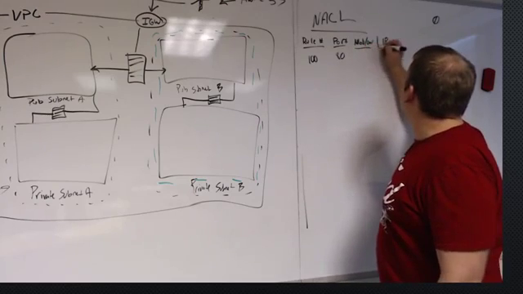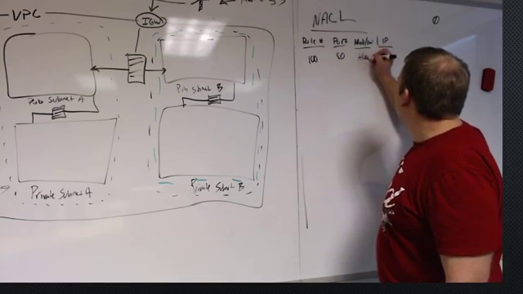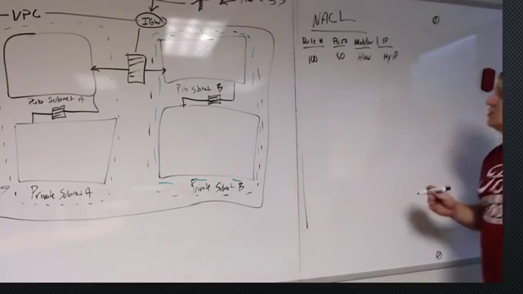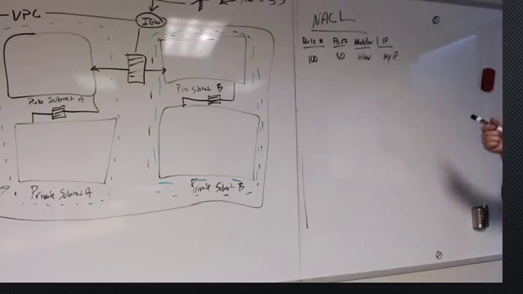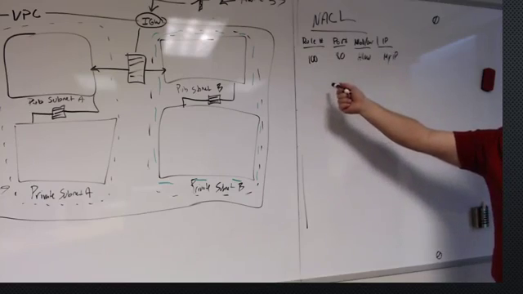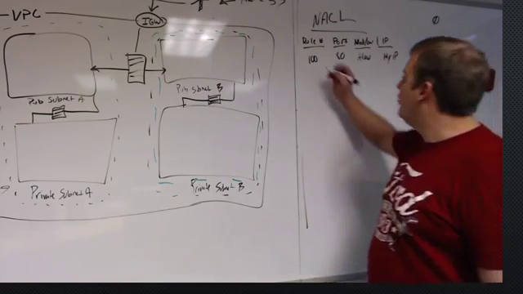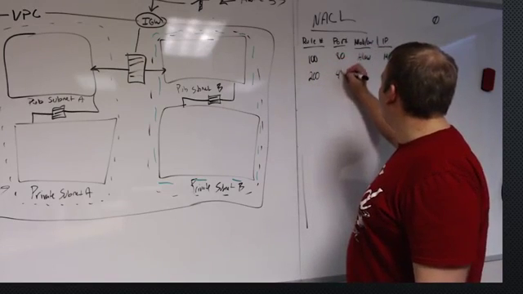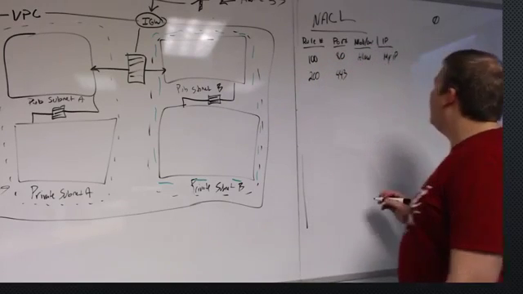I'm going to allow traffic from my IP. So I'm stating that anything that's going to a network ACL across port 80 with my IP, permit it through.